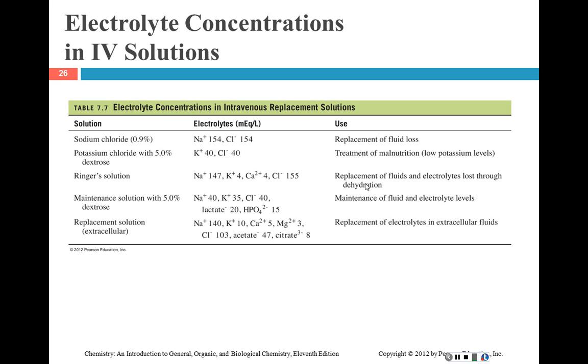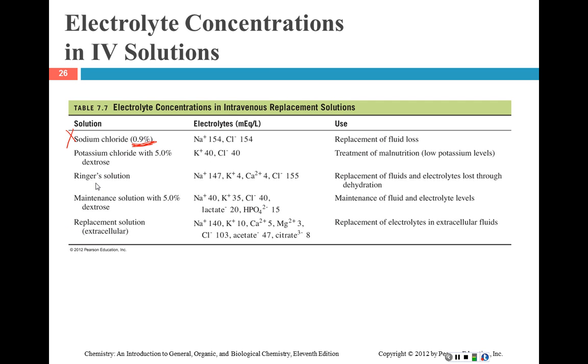You're not going to be tested on this, but this is just to put it in perspective for you. For example, normal saline solution, which is 0.9% sodium chloride solution, is very close to what your actual fluid is in your body. So when we replace fluid, we use that 0.9%. Potassium chloride and 5% dextrose: the electrolytes are going to be 40-40 for potassium and chloride.